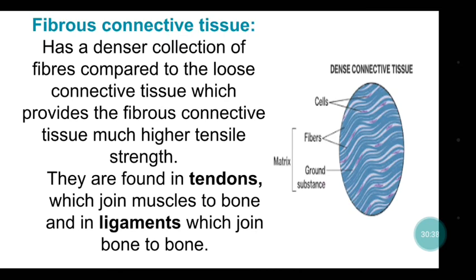Now the fibrous connective tissue. Fibrous connective tissue has a dense collection of fibers, and it may be compared to loose connective tissue. The difference is that the fibers here are large in number, and therefore it has more strength as compared to loose connective tissue.